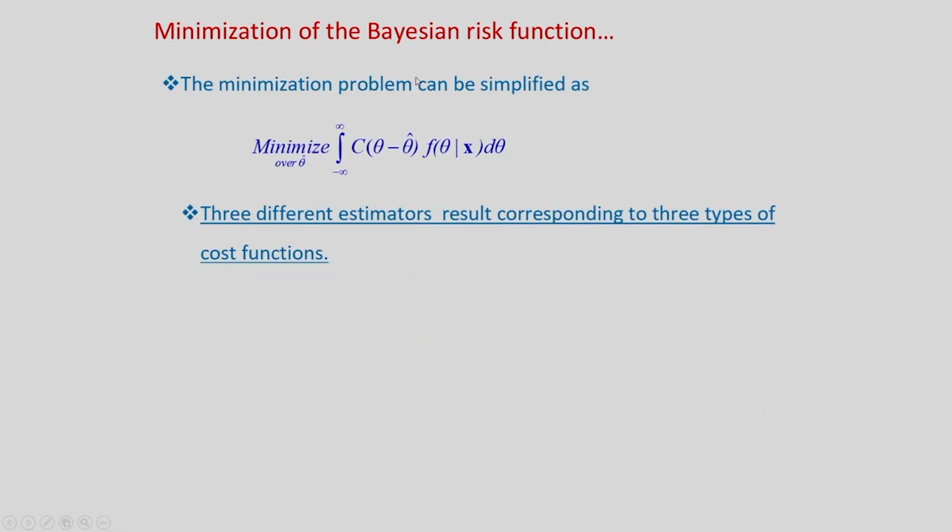The minimization problem is now simplified and can be written as: minimize the inner integral over theta hat, the integration from minus infinity to infinity of C of theta minus theta hat into f of theta given x d theta. Now, three different estimators result corresponding to three types of cost function. We know that we have three cost functions: square error cost function, absolute error cost function and uniform error cost function.